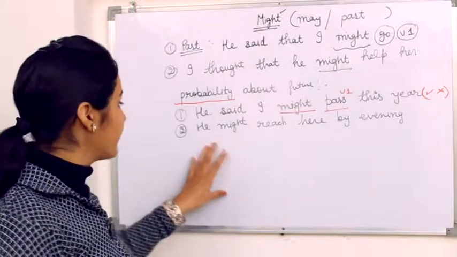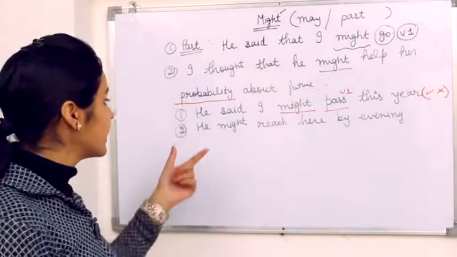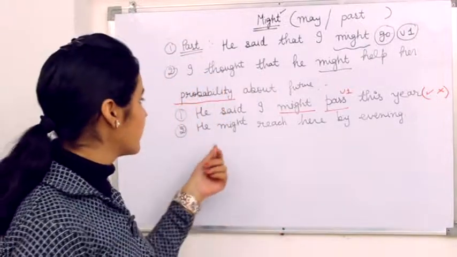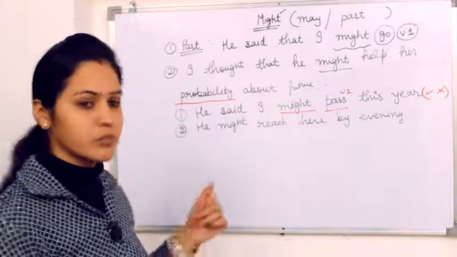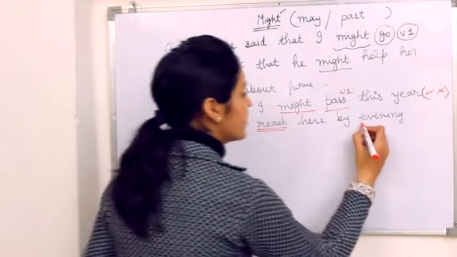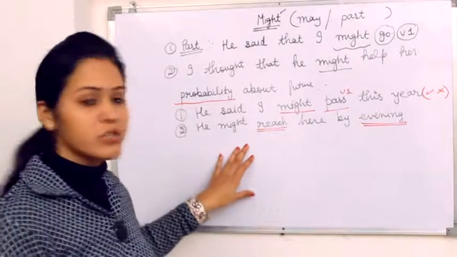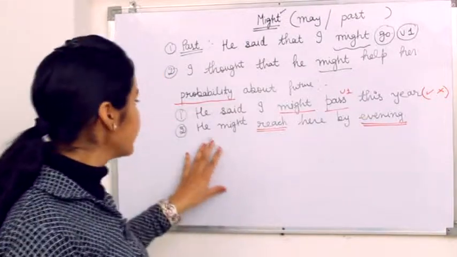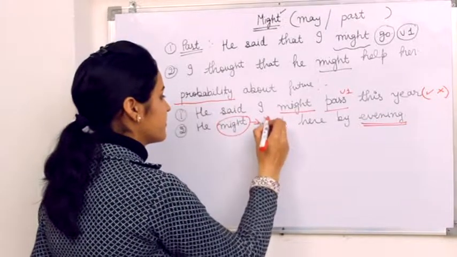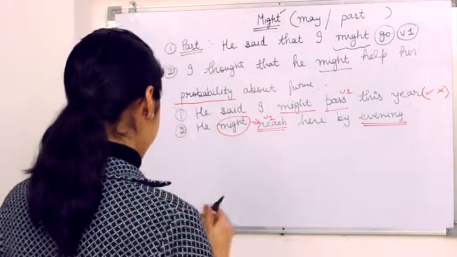In the next example, he might reach here by evening, means there is a specified period of time, which is evening. So if we talk about timing, then we must apply the rule of might with V1. Clear?